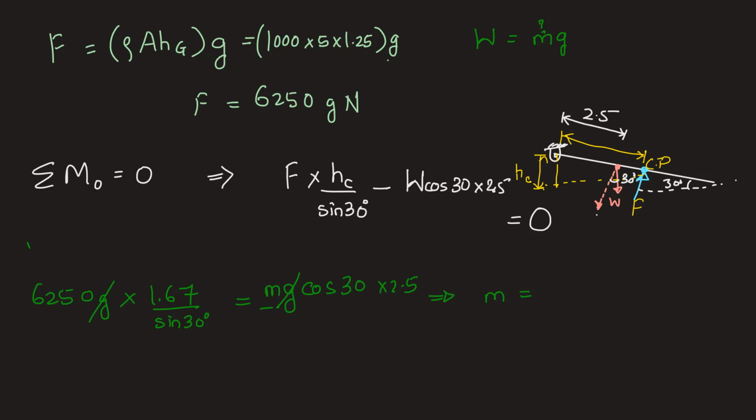So what we are left with is 6250 into 1.67 divided by sine 30 into cos 30 into 2.5. This when calculated in digital calculator gives us m equal to 9641.75 kg.